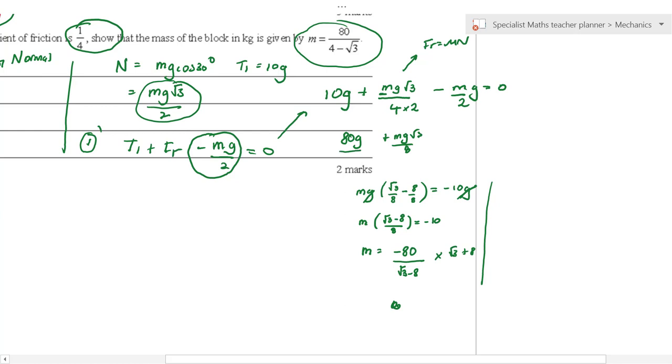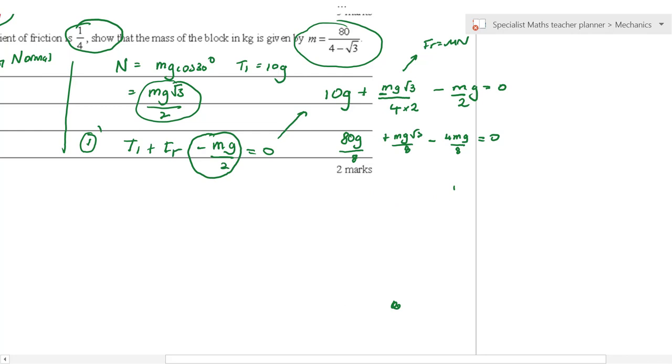Okay, so 80g on 8 minus 4mg over 8. Oh, look at that. Isn't that just brilliant? Now the thing is that you need to make these mistakes yourself. I can make them for you on a video, but now I can go 80g plus mg root 3 minus 4mg is equal to 0.